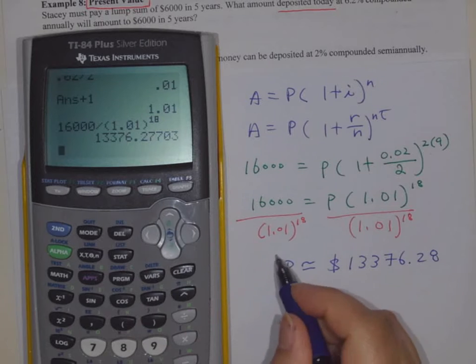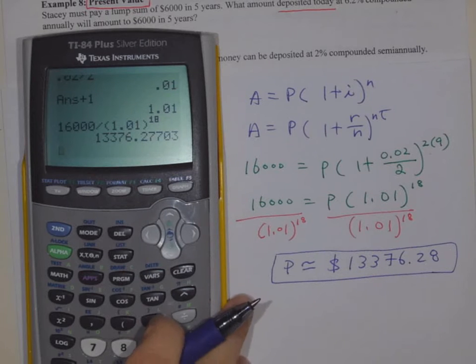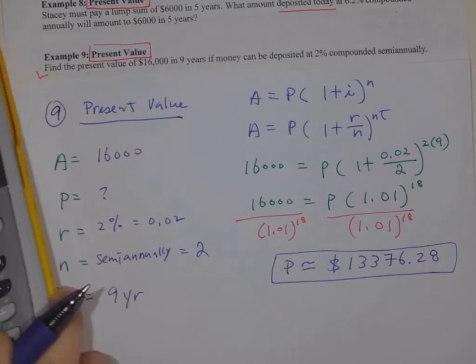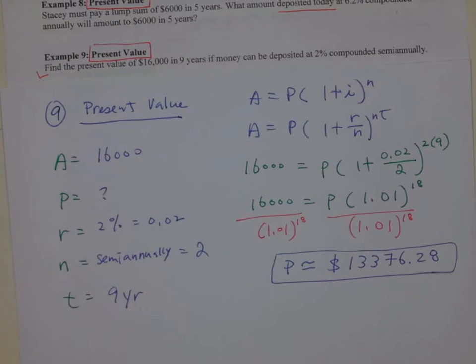So that's my answer, which means if I want to get out $16,000 under those conditions, I need to deposit that much money.